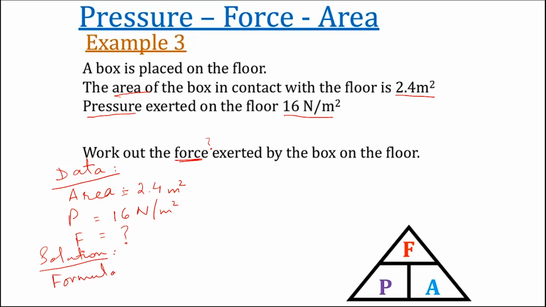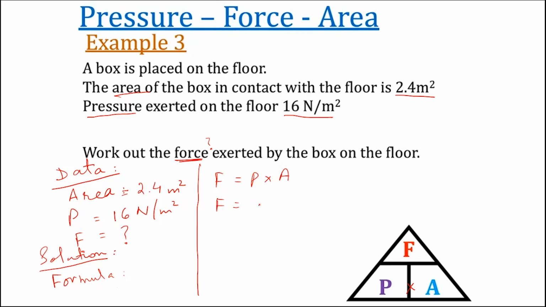We write the solution. First thing in the solution is our formula. Okay, here force is equal to pressure into area. So the formula for force is pressure into area. Now we'll put the values.